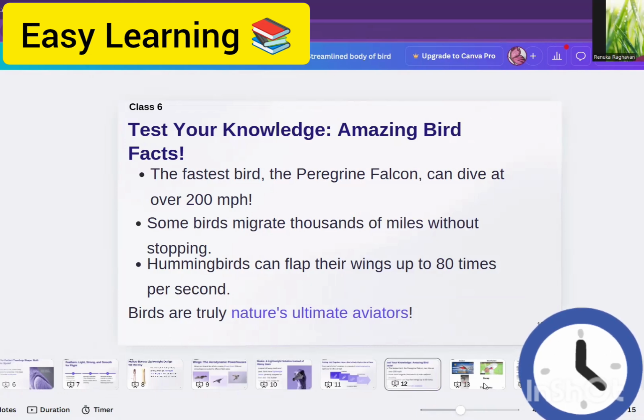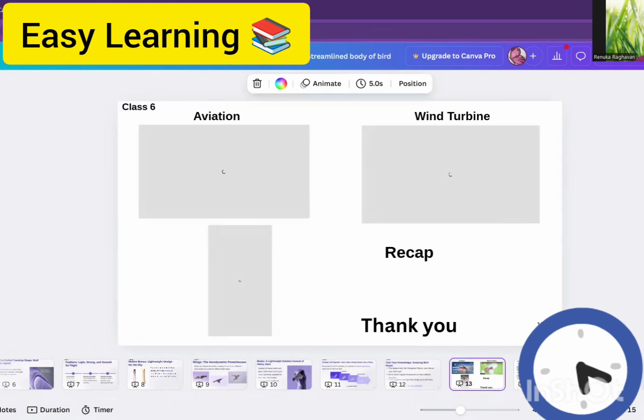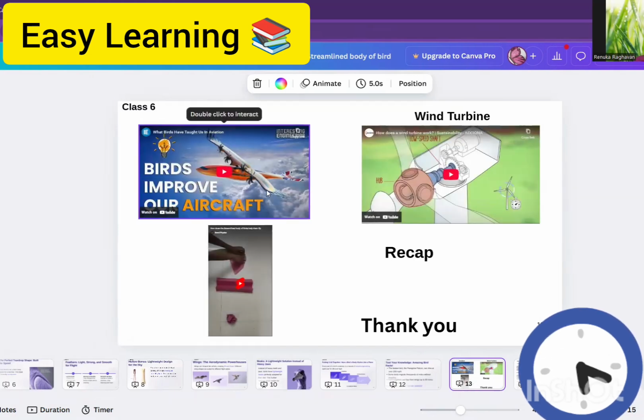Okay, so now let us see the applications of the streamlined body one by one. The streamlined body of birds has been applied in aviation and also in wind turbines. Not only that, in aircraft, in cars, and sports vehicles. In all of these, the streamlined body is being used.